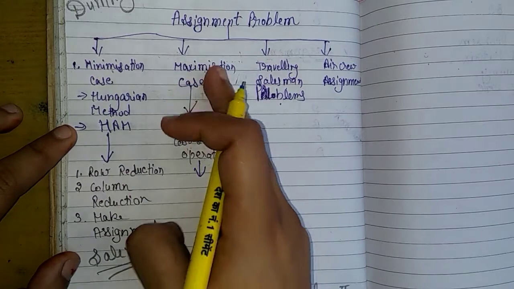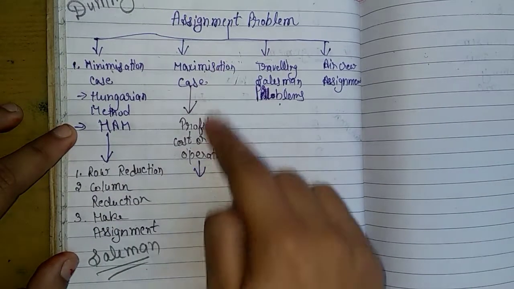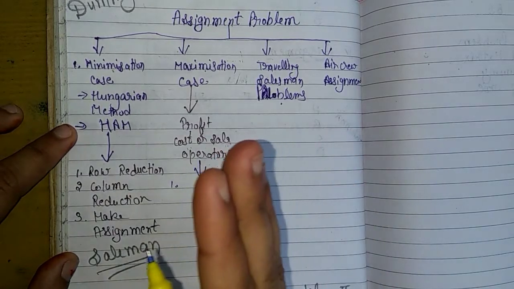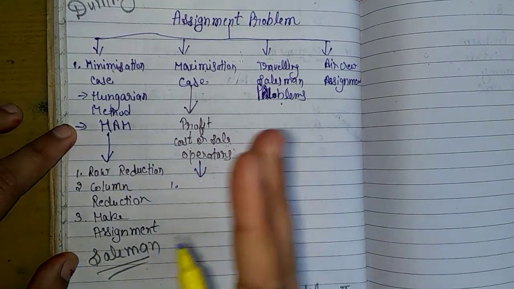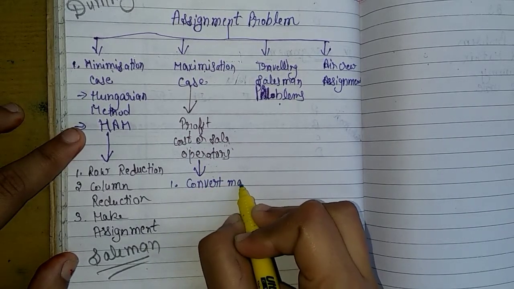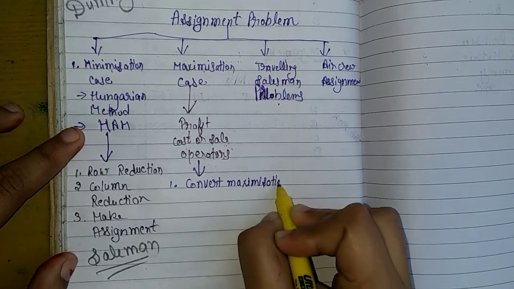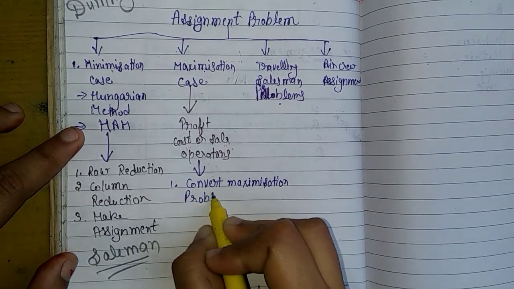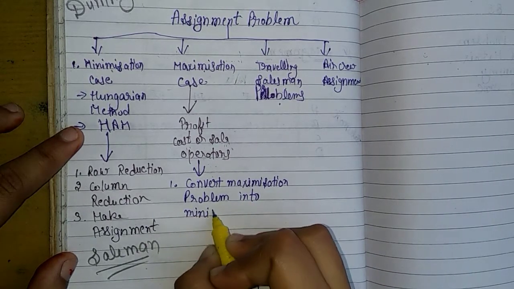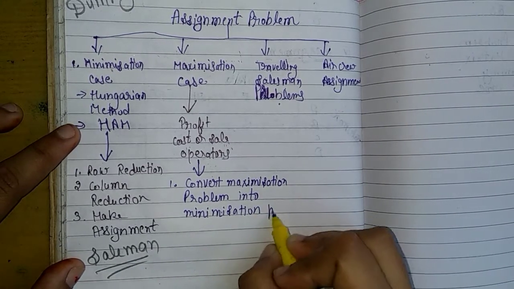Now, to solve maximization case, there are 4 steps. In minimization case, there are 3 steps. In maximization case, there are 4 steps. First, convert maximization problem into minimization problem.